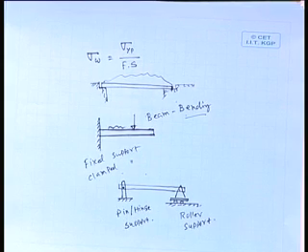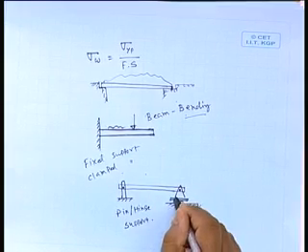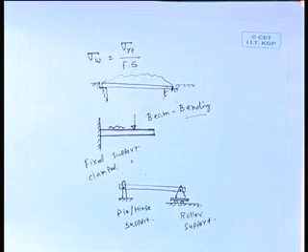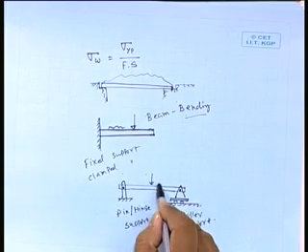Now, what are the differences or why are we defining in that manner? One is roller support, another is pin support or hinge support, another is fixed support. It basically depends on how it puts the resistance or reactions.